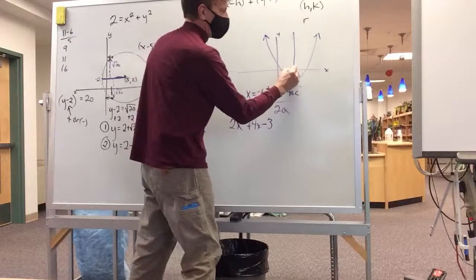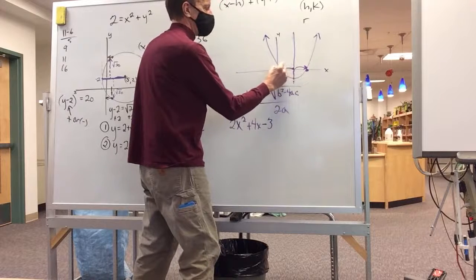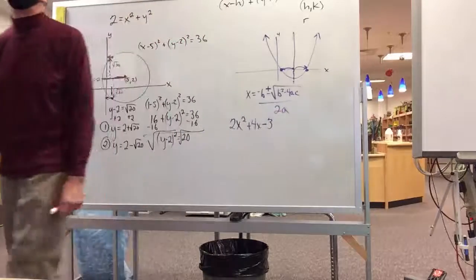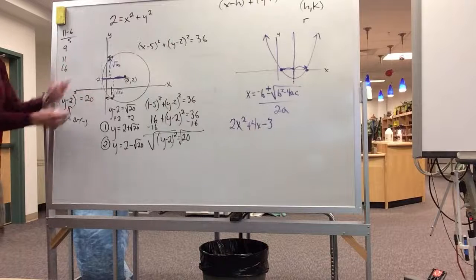The number plus gets you to here, and the number minus whatever's in the square root gets you to there. So there's symmetry in that kind of solution. There's symmetry in a circle also.